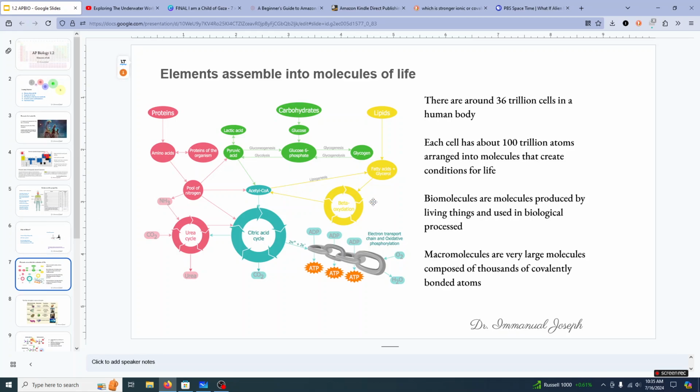And we also saw that molecules are arranged in increasing levels of complexity, and that allows for life to function effectively.